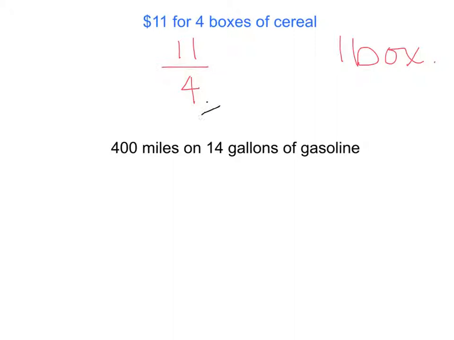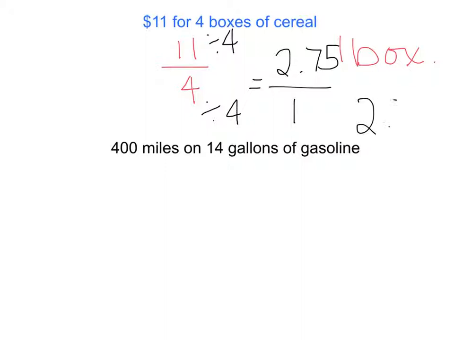Divide the bottom by 4, so you get 1. Whatever we do to the bottom, we have to do to the top. So you divide the top by 4, and we get $2.75. So that means that 1 box of cereal costs $2.75.